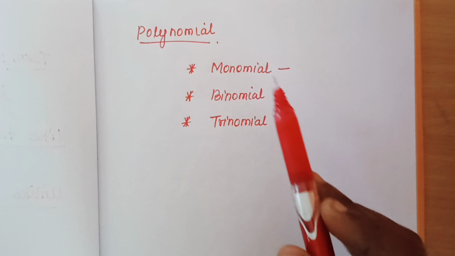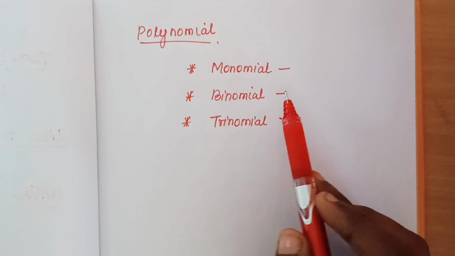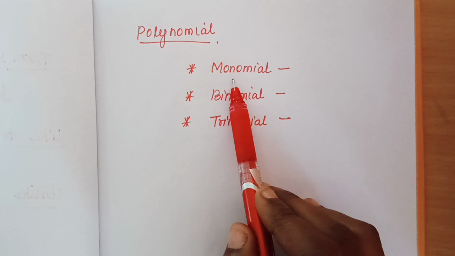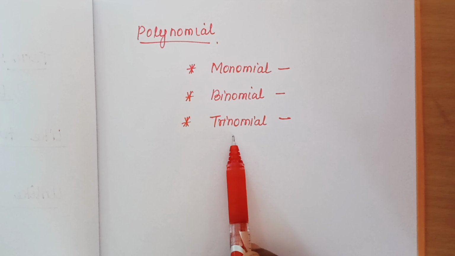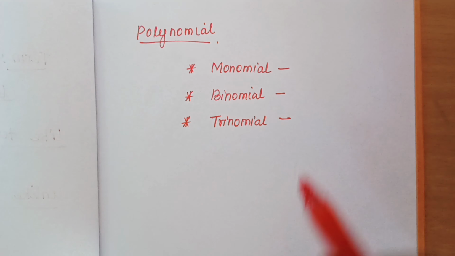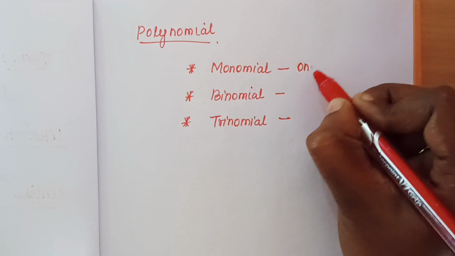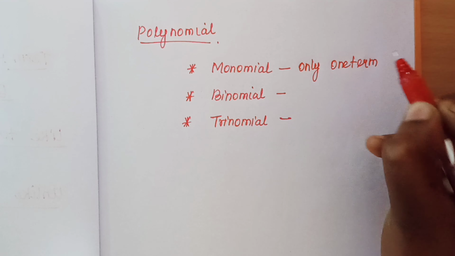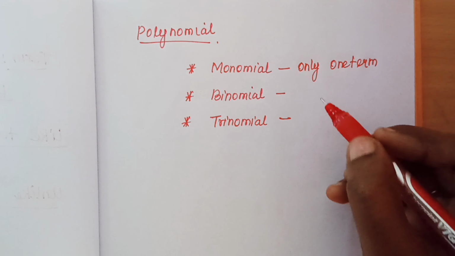Now we are moving on to the polynomial. So polynomial has how many types? 3 types you are going to follow in 8th standard: monomial, binomial, trinomial. Monomial is very easy. Monomial will contain only one term. Mono means 1.